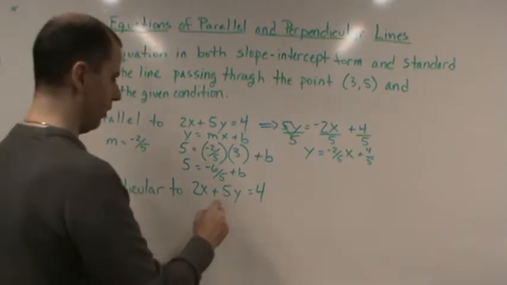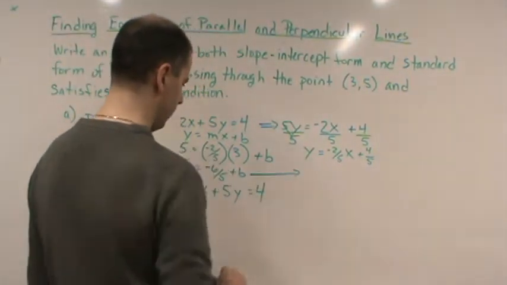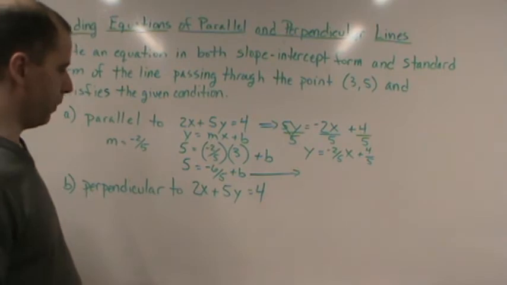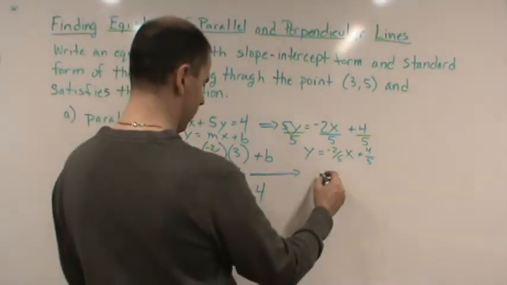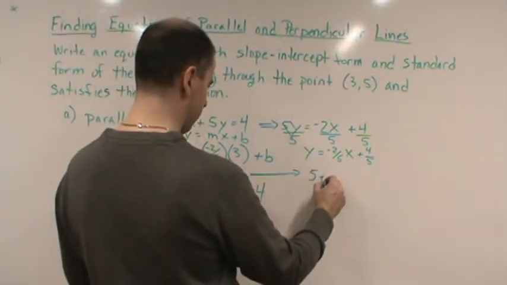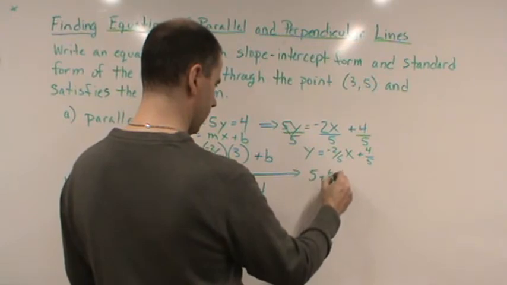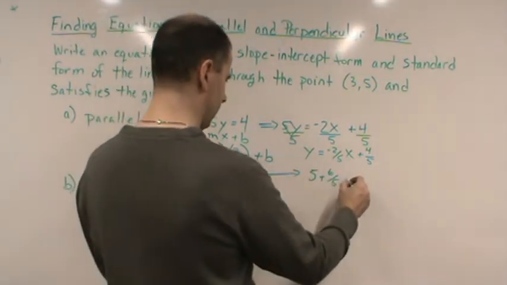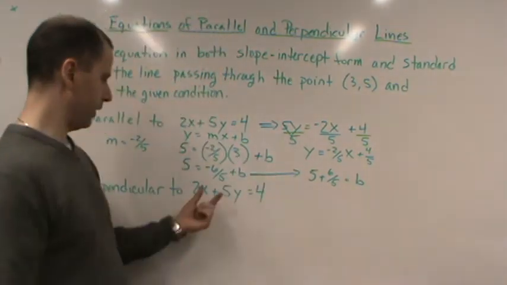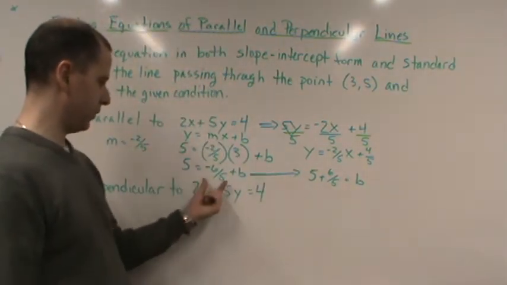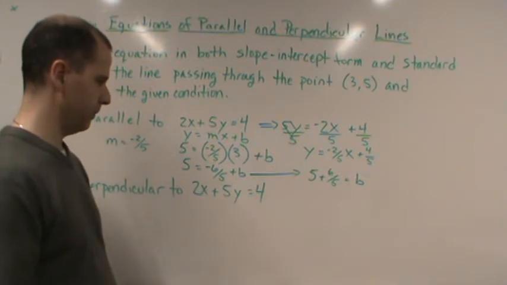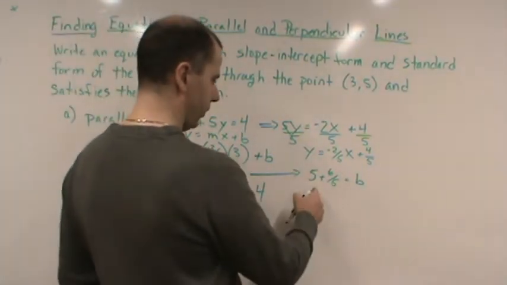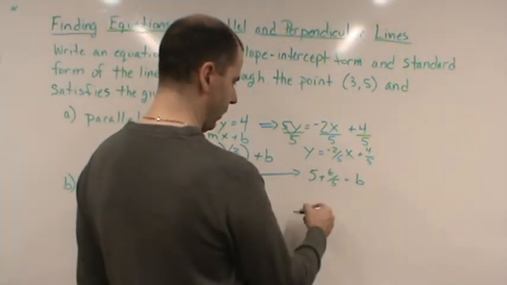Now if I add 6/5 to both sides, I have 5 plus 6/5 equals b. All I did was add 6/5 to both sides, and it cancels with this one. So now I get b equals what?